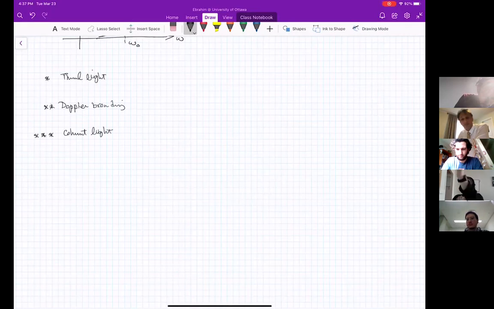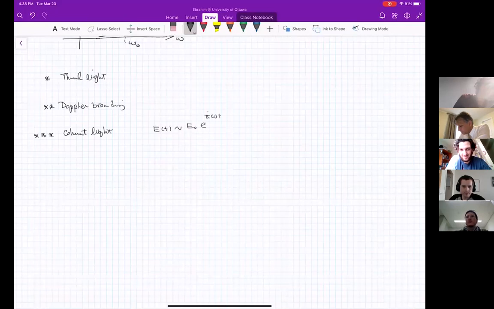What is coherent light? What do you expect? There'll be some correlation in the phase term, or the phase is constant. Yes, because the field that you have is E(t), given by the exponential of i(ωt plus a phase), which is constant.